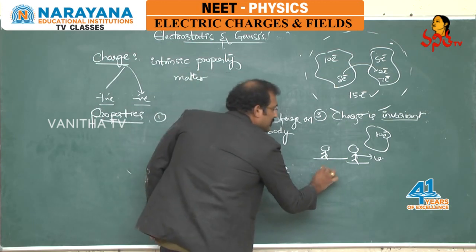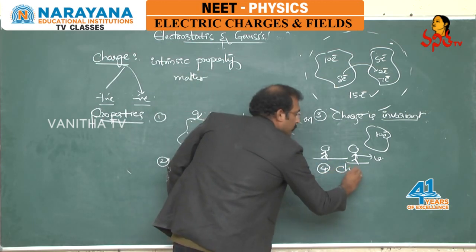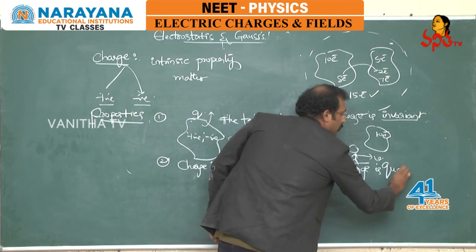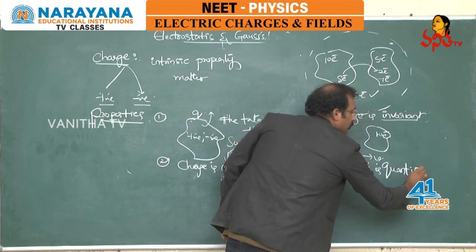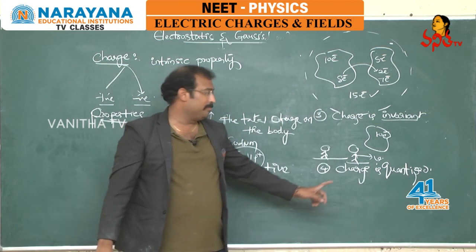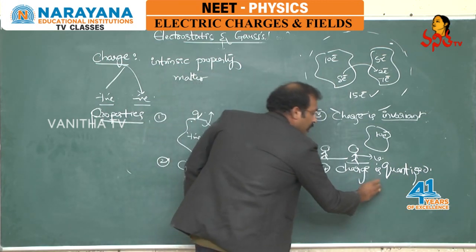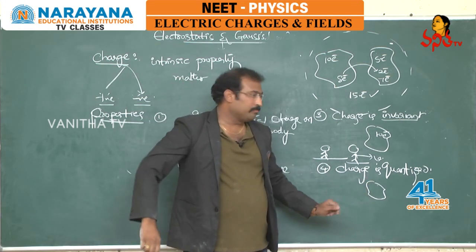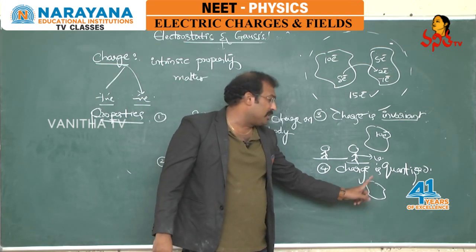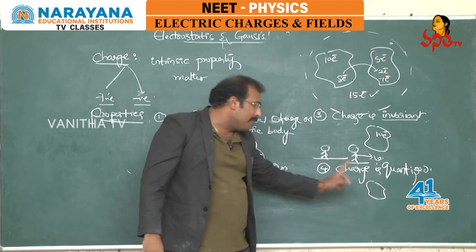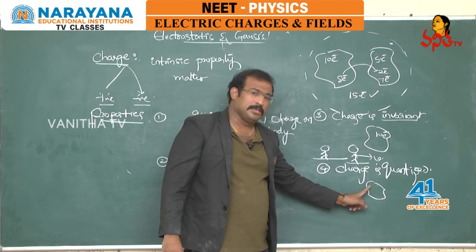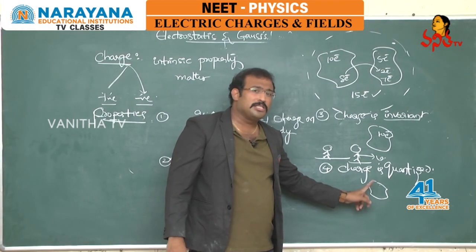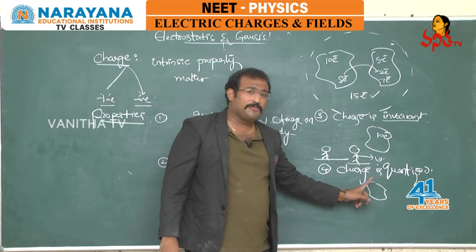The fourth property of the charge is quantized. What does this quantization mean? Suppose if I take a body again. Upon this body, if I want to find out the charge present on it, always the charge on a body is integral multiples of the least possible charge present in nature, which is the charge of one electron.